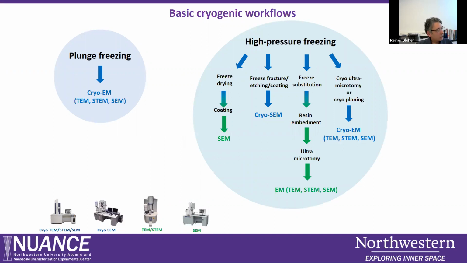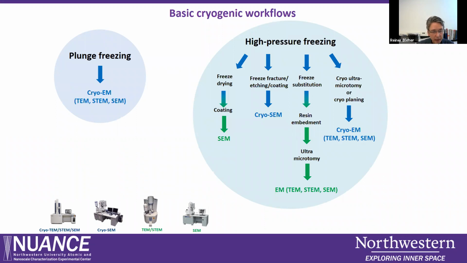So with this, I want to focus on the two main freezing methods that we use for cryogenic sample preparation in our lab. That is plunge freezing and that is high pressure freezing. And the most straightforward method for cryogenic sample prep is plunge freezing. It's performed at ambient temperature, and it is a fast technique.